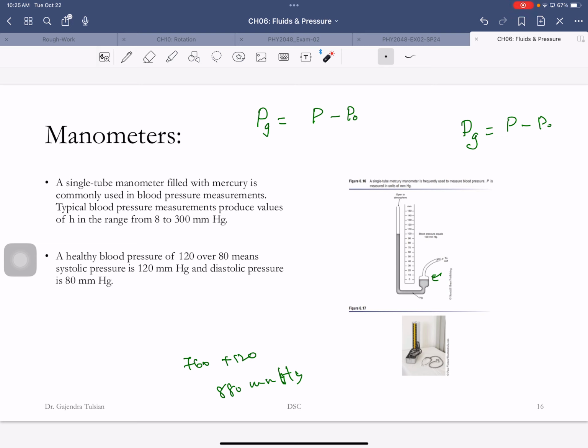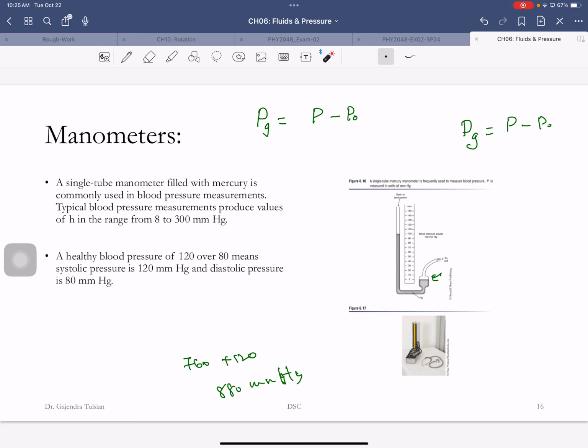A single tube manometer filled with mercury is commonly used in blood pressure measurements. That's how it looks. Typical blood pressure measurements produce values of h ranging from 8 to 300 millimeters of mercury. I've never heard that low a pressure.